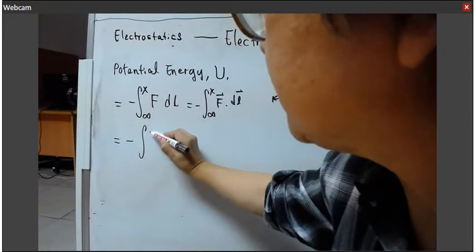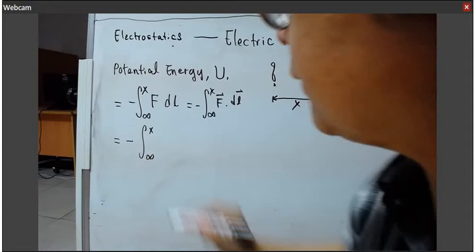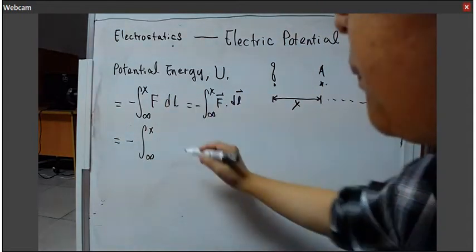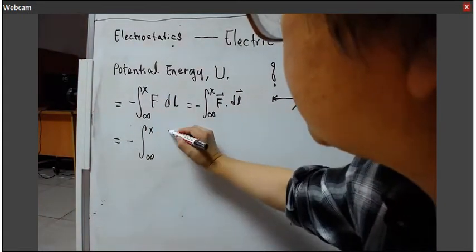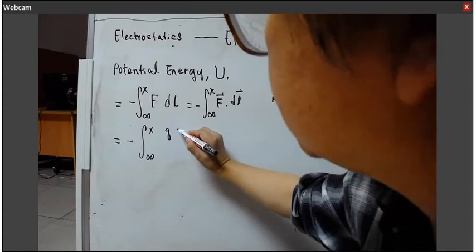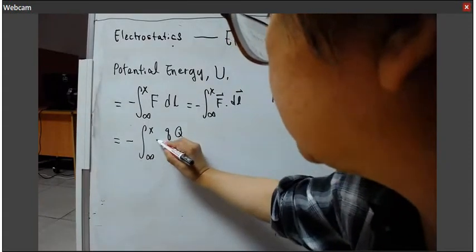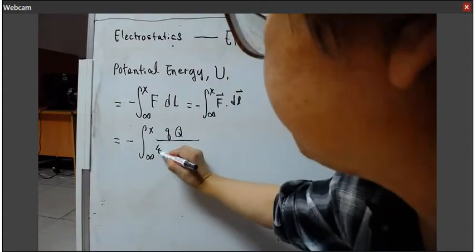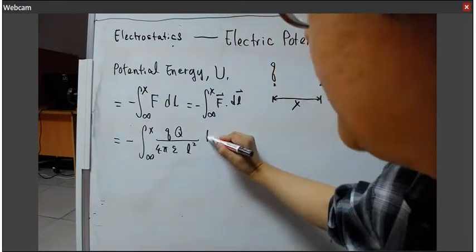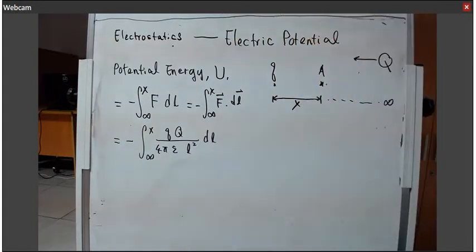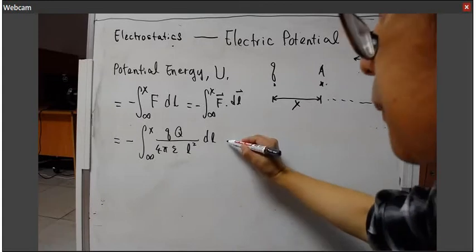Minus the integral from infinity to x of the Coulomb force, q and big Q over 4 pi epsilon L squared, dl. This integral is expressed in scalar form.